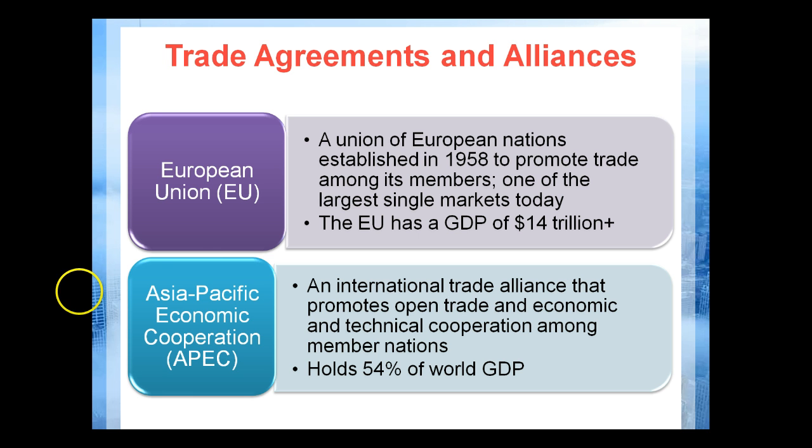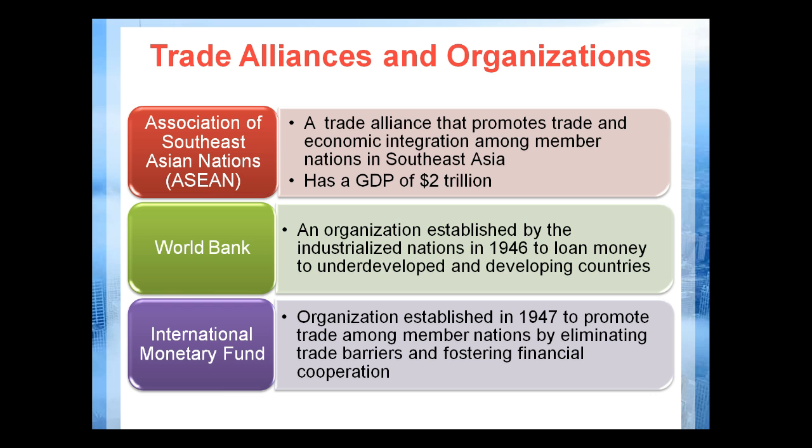Again, these are alliances that allow free trade, dealing with differences in currency and different rules. It just allows organizations within these different countries to transact business together by removing a good number of those barriers, tariffs, etc., that have been created as a result of being outside of a specific nation.